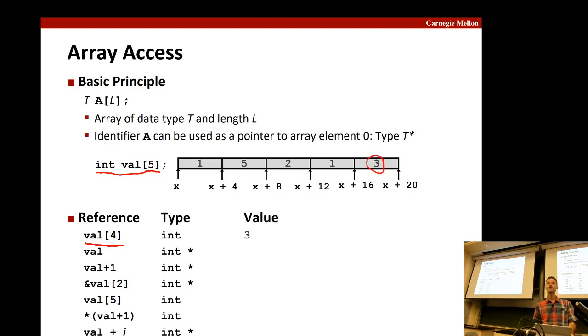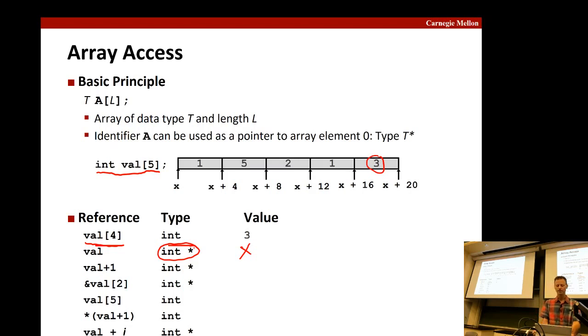What about if in the program you just wrote val and nothing after that? Well, that's going to refer to this entire array, so it's going to be a pointer, right? So the address at the beginning of the array, pointer to a bunch of integers, and in this case, its value is going to be what? X, right?